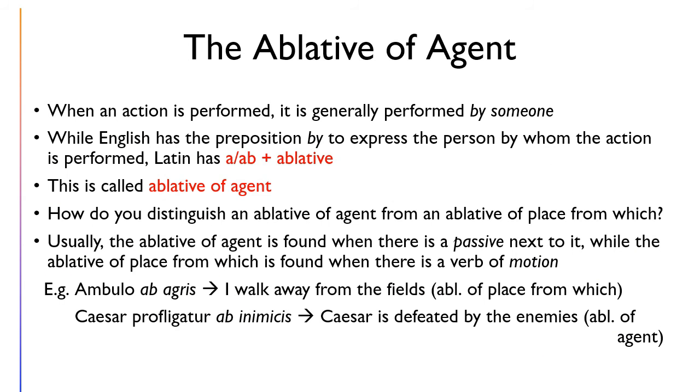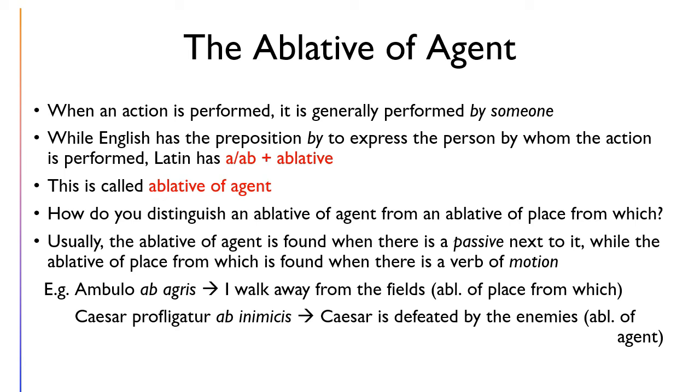Another important concept is the ablative of agent. So when an action is performed, it is generally performed by someone. While English has the preposition by to express the person by whom the action is performed, Latin has a or ab plus the ablative. So if I say the apple is eaten by me, in Latin you will have a or ab plus an ablative to express by me.